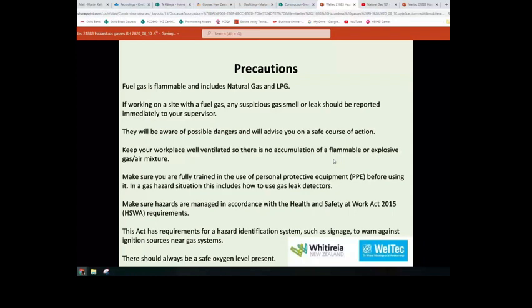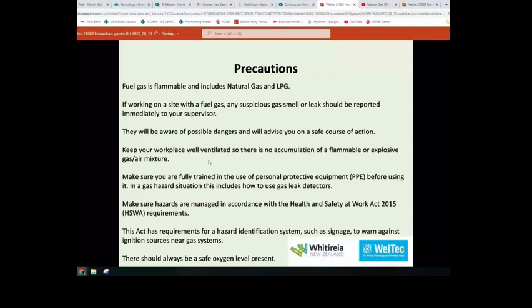If you've got a known leak or a known repair you're doing, you can manage it a lot better. If it's an unknown one, like ground gas, or you're working in a sewer or something, then it is more difficult to deal with, so you need to take even more care. You can get gas detectors that you should use if you're going into dangerous places, confined spaces and the like, where you're at risk.